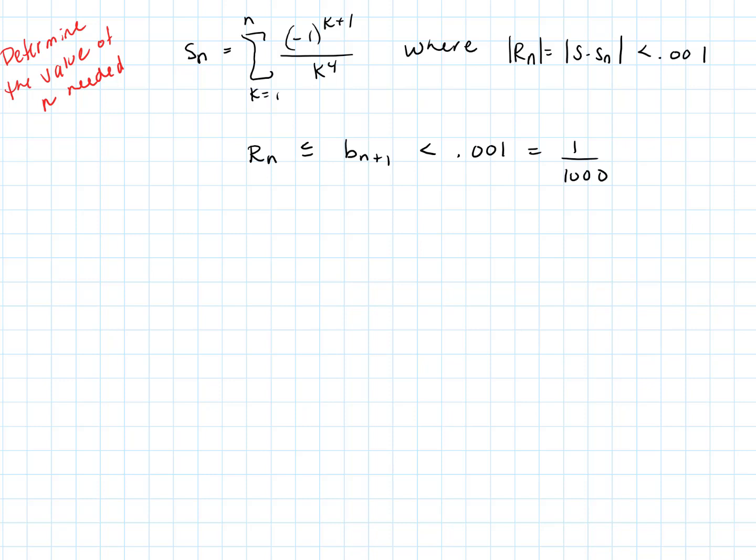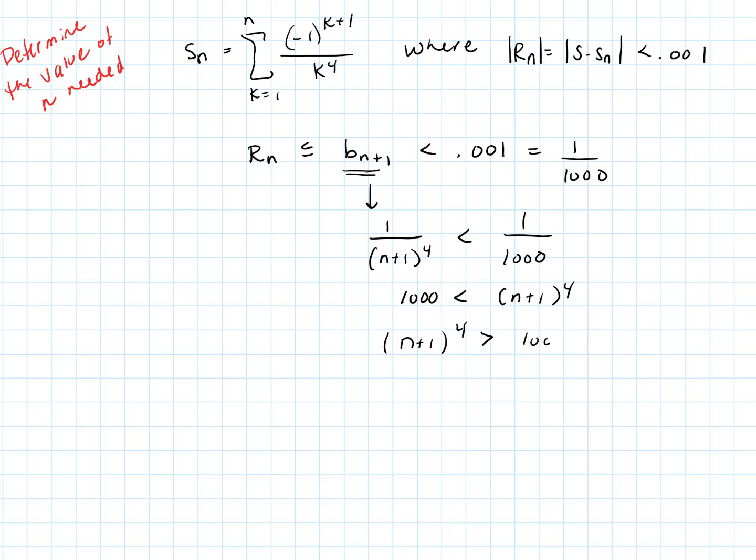So let's look at what that looks like. That would be 1 over n plus 1 to the fourth, and I want that to be less than 1 over 1,000. I'll do my little cross multiplication. So 1,000 has to be less than n plus 1 to the fourth, or n plus 1 to the fourth has to be greater than 1,000.